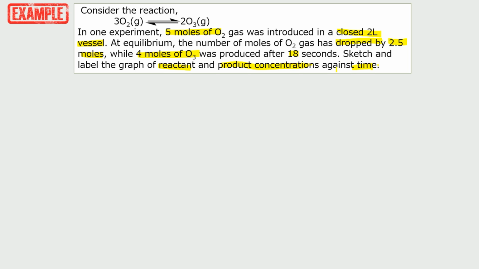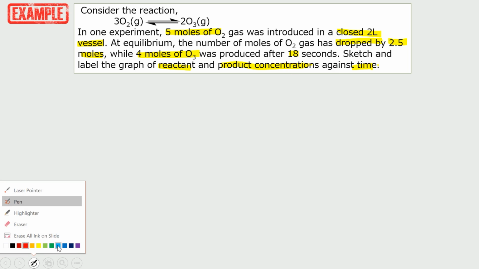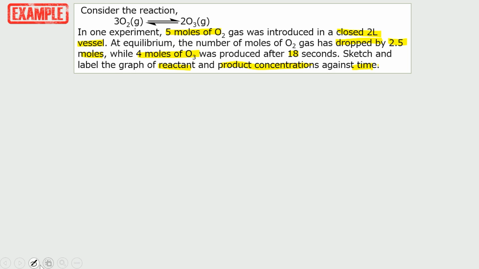Because it's referring to the concentration, first of all you have to calculate the initial concentration. So we start with the initial concentration of O2, 2.5 molar. Then the concentration of O2 at equilibrium.